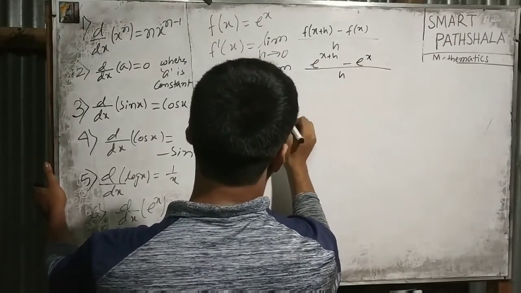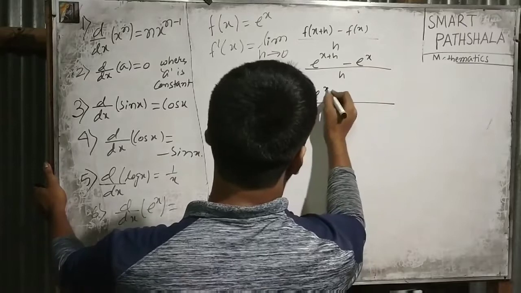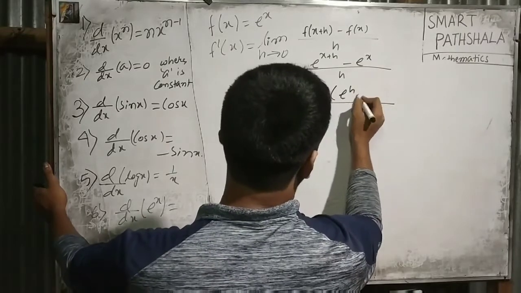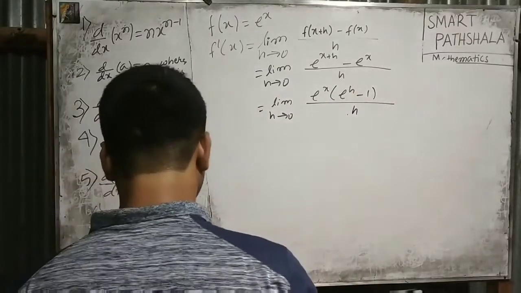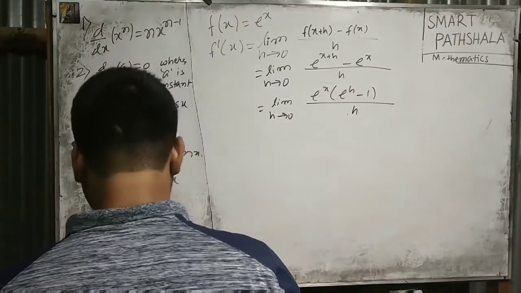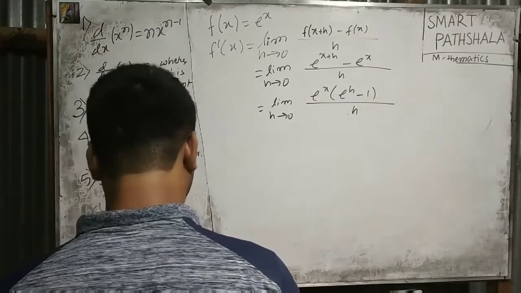Or you have limit h tends to 0, and you take e to the power x as common, and then you have e to the power h minus 1 by h, right? You have this term, no? This e to the power h.